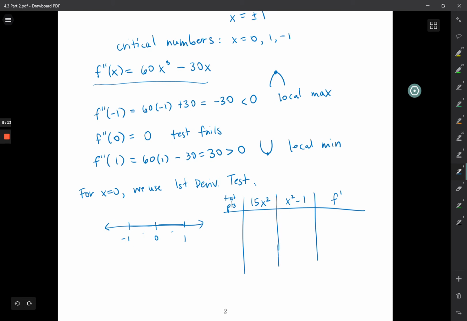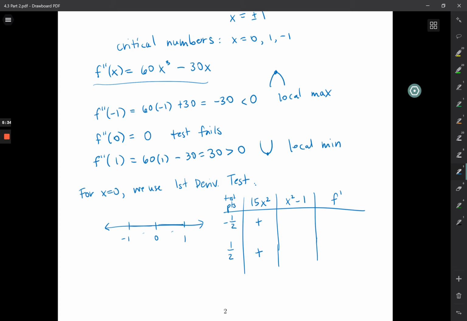Like I said, we only need to take two test points, one from each interval on either side of 0. So I'm going to take -1/2 and 1/2. It turns out that 15x squared is always positive, so we get positive for both of those numbers.